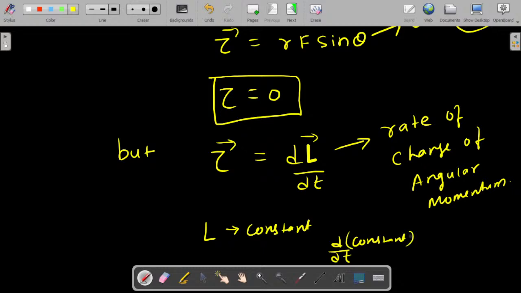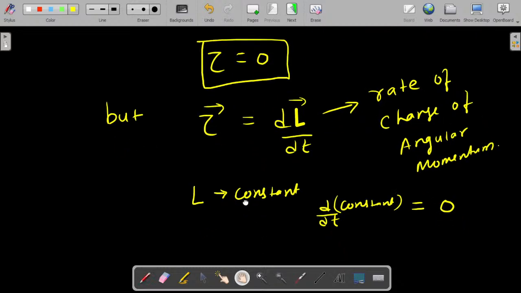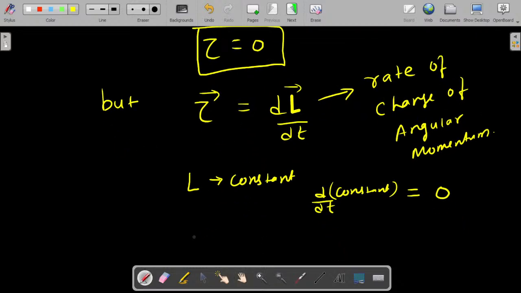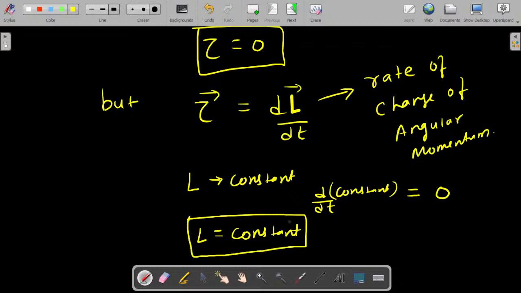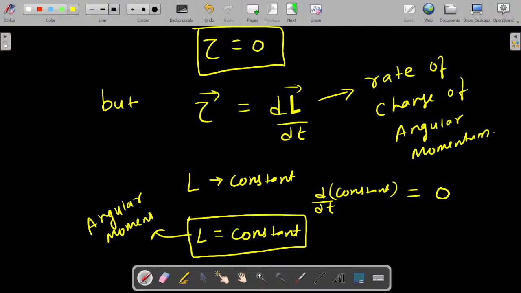I have discussed this already. Derivative of any constant is 0. So we'll get L is constant. Note down this thing. Then what is L here? Write down L is angular momentum. L is called angular momentum.